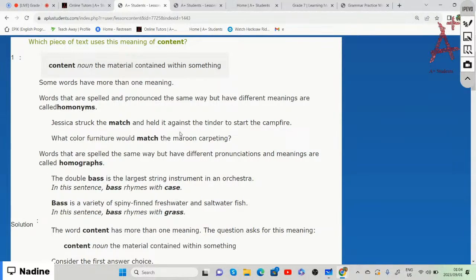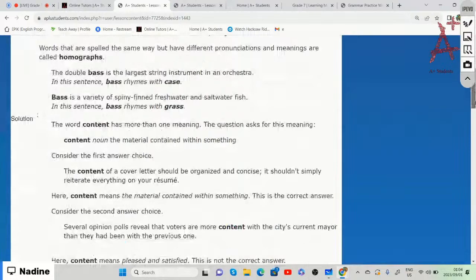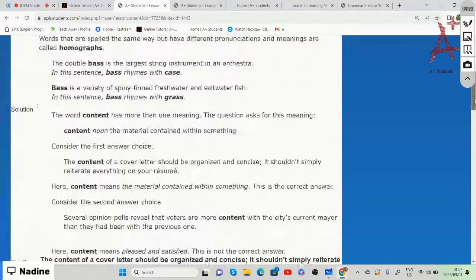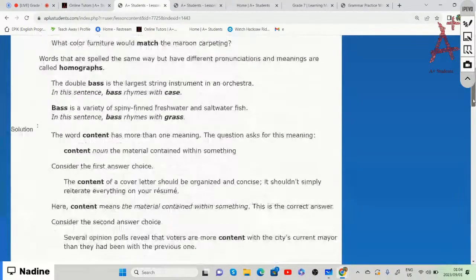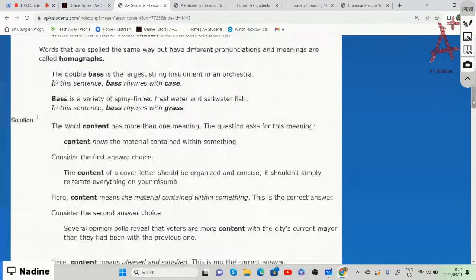words that are spelled the same but have different pronunciations and meanings, we call those homographs, right? An example of that is, for example, bass.